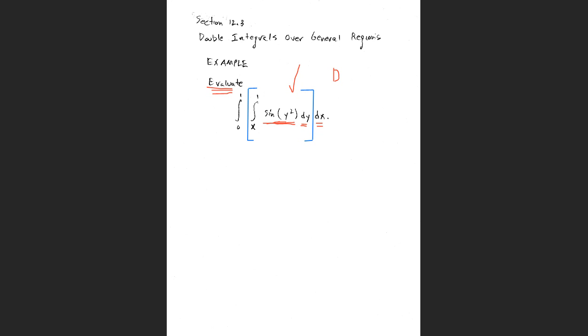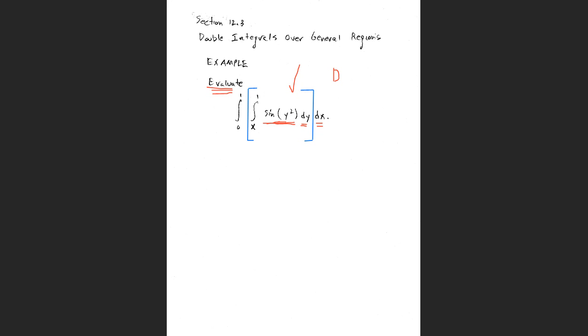It's a type 1. But thank you for trying. He did better than the rest of you, because he volunteered an answer. Yes, it's a type 1 region. But the problem is we can't integrate this as a type 1 region. So we have to make our region D a type 2 region.